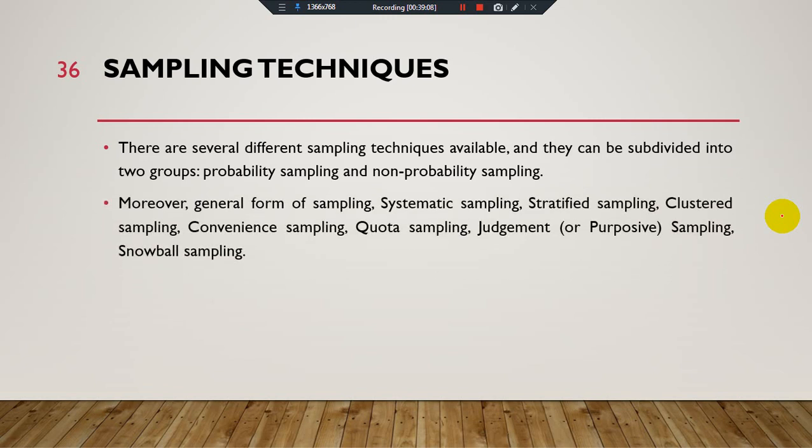While discussing sampling for primary and secondary studies, you use systematic sampling, stratified sampling, cluster sampling, convenience sampling, quota sampling, judgmental sampling, or snowball sampling. There are a number of sampling techniques available for you to use for getting the sample size.